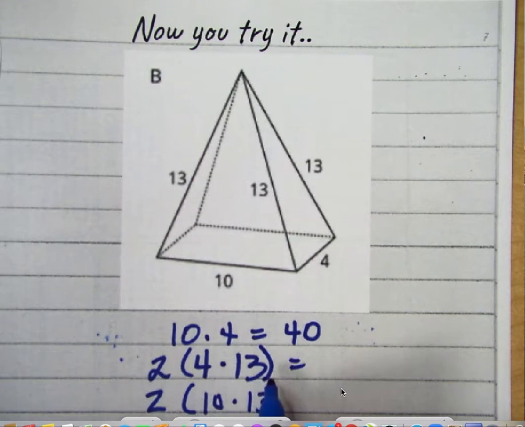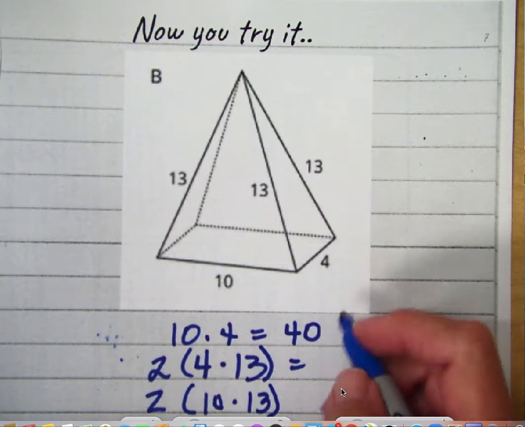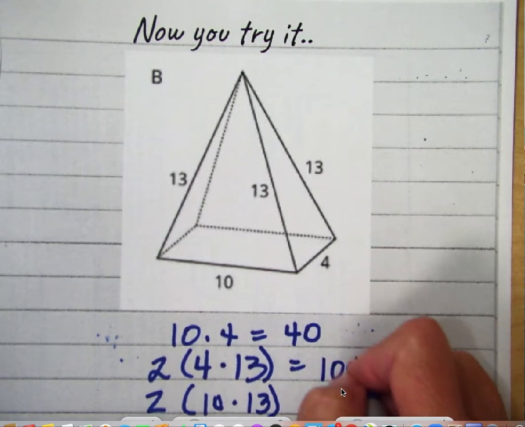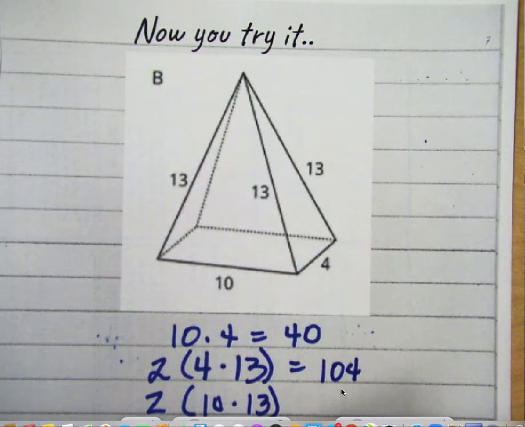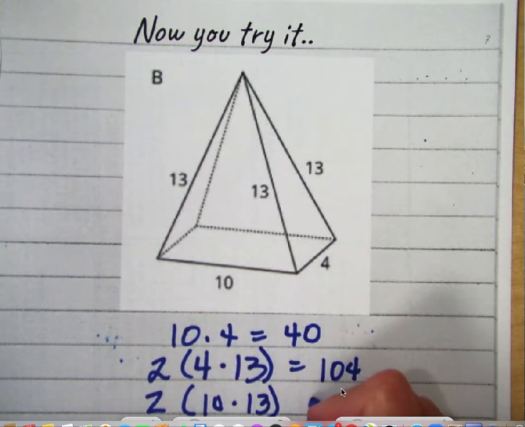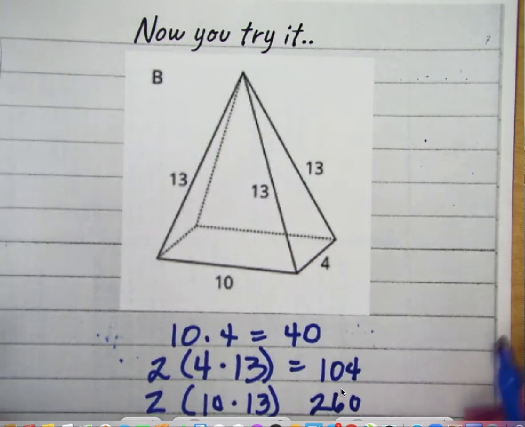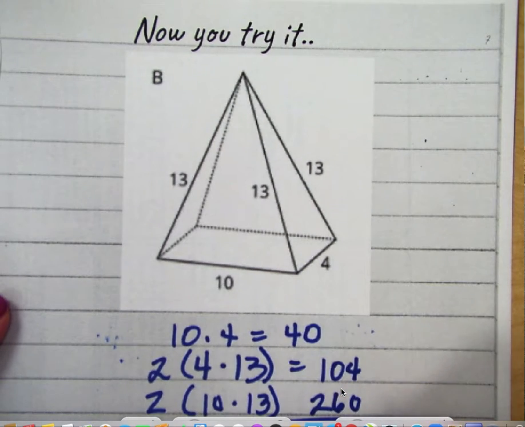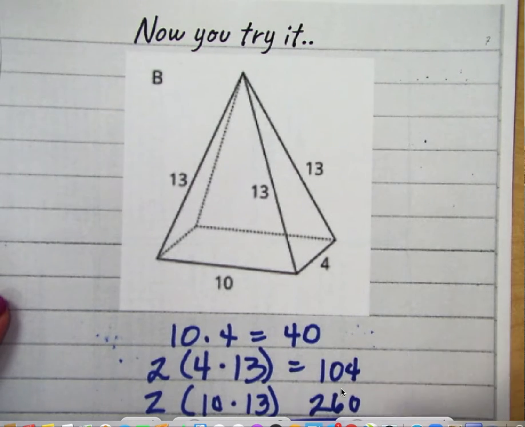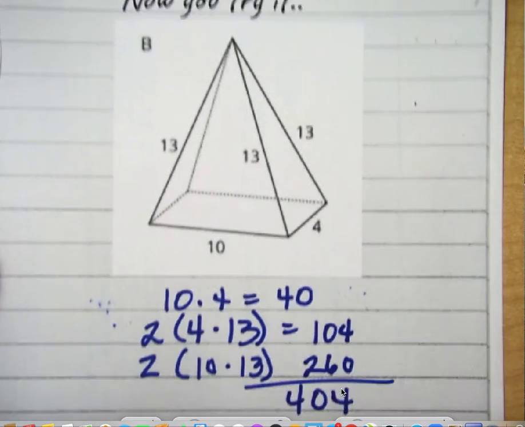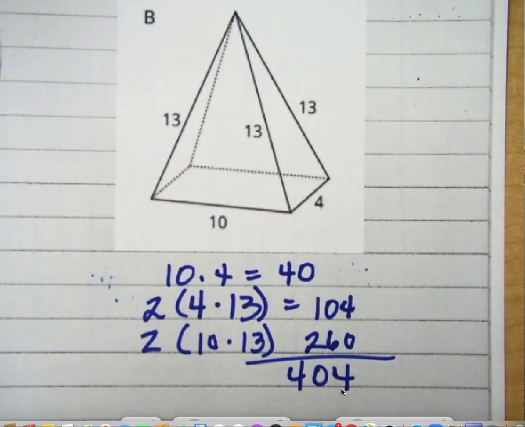So 4 times 13 is 52. 52 times 2 is 104. 10 times 13 is 130. Times 2 is 260. So I've got 4, 0, 4. 404 is my surface area of this one.